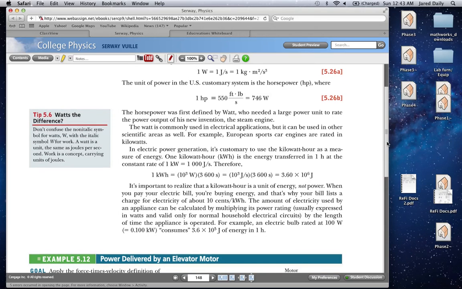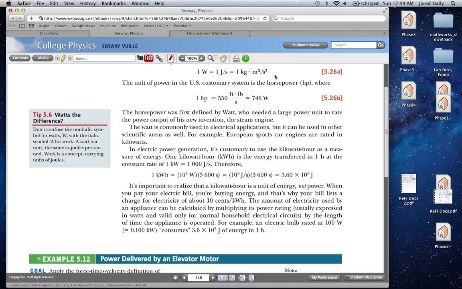Now what would happen if we multiplied power, which is 1 kilogram meter squared per second cubed, by time, we would get back kilogram meter squared per second squared, which is energy. And we use that quite a bit when we're measuring energy used in a house, for example. We call it the kilowatt hour. And what a kilowatt hour is essentially is a kilowatt that has been used for 1 hour.